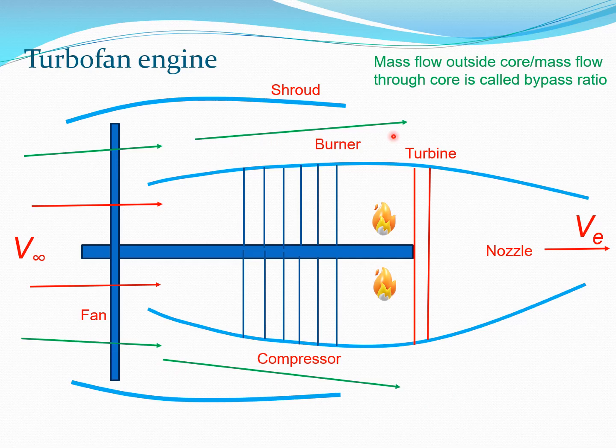This air which goes off is quantified by something known as the bypass ratio, which is the mass flow outside the core divided by mass flow through core. So you can see here that a lot of air will go out. Most turbofans have a bypass ratio of 5 to 10, and increasingly the newer engines which are being produced have a higher and higher bypass ratio.